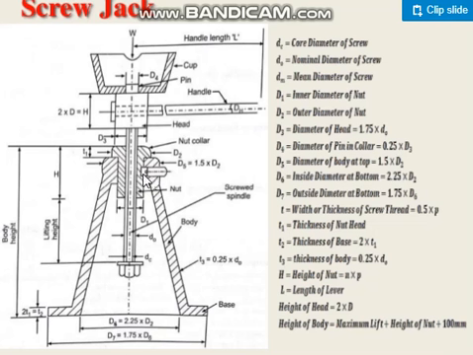This nut also has a little flange like this, or you can say collar. Why collar? Because otherwise the nut will go inside and fall off. It should stop somewhere. There are threads here, but on this side of the nut there are no threads.